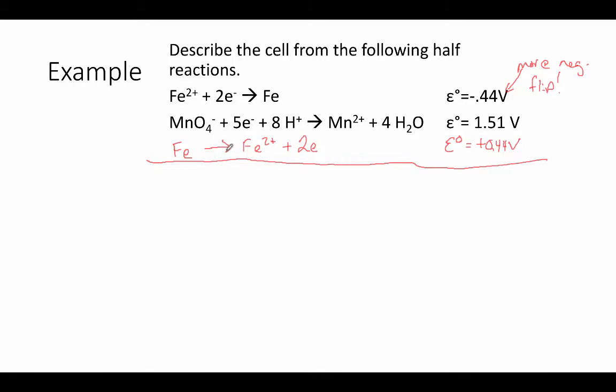Because you're given the half reactions, you know that the half reactions are balanced for both atoms and electrons because they already have the electrons in them. But now we need to have the electrons that are transferred be the same amount. So we have 5 electrons in the reaction that has permanganate in it, and we have 2 electrons in the reaction that has iron in it.